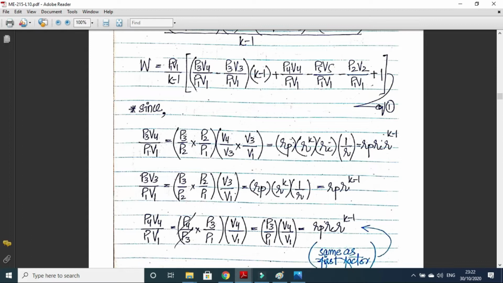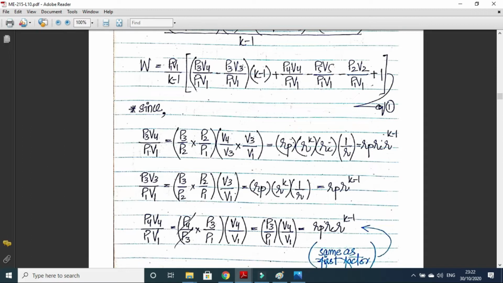Now we can see that P3 upon P2 is actually Rp, P2 upon P1 is actually R to the power K, V4 upon V3 is the cutoff ratio, V3 is equal to V2, and V2 upon V1 is the inverse of the compression ratio. So we can simplify this as Rp Rc R to the power K minus 1.